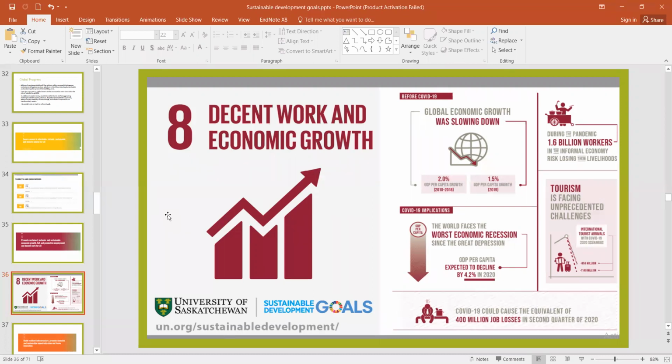Due to the COVID-19 pandemic, the world faced the worst economic recession since the Great Depression. GDP per capita is expected to decline by 4.2% in 2020. During the pandemic, 1.6 billion workers in the informal economy risk losing their livelihood. Tourism is facing unpredicted challenges.